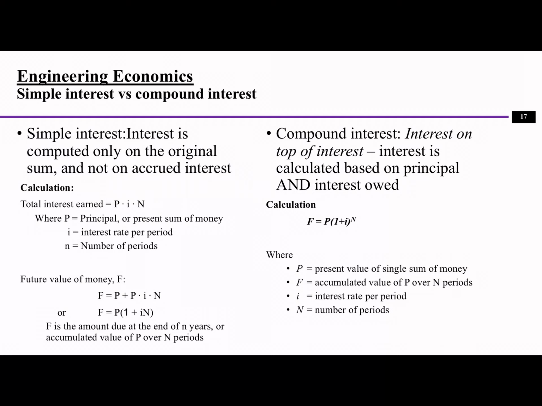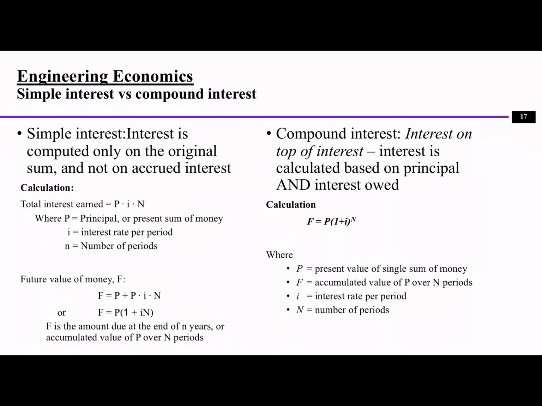And all right, so first, two concepts related to this is a simple interest versus compound interest. So simple interest means interest is only computed on the original sum and not on accumulated interest, right?